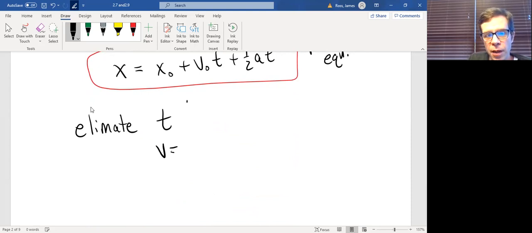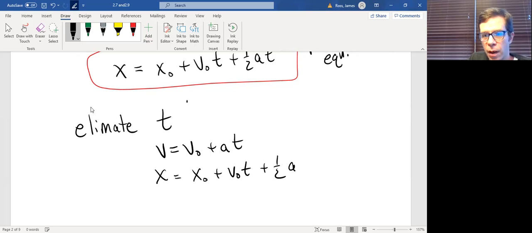So if we take v is v naught plus at, and we take x equal to x naught plus v naught t plus 1/2 at squared, I'm going to, what's going to be easier? Delta x b.